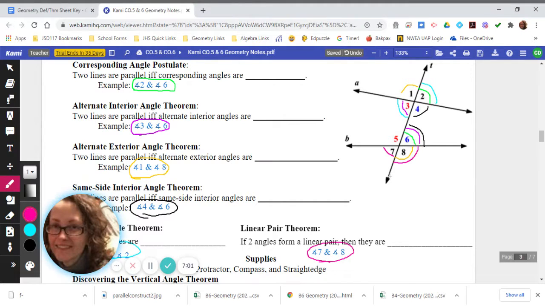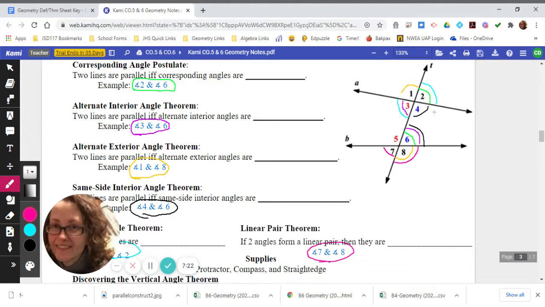And these can be really helpful. Now, I didn't highlight all of my available options for corresponding angles. I didn't highlight all of my options for alternate interiors. So angle 2 and angle 6 are not the only corresponding angles in this picture.